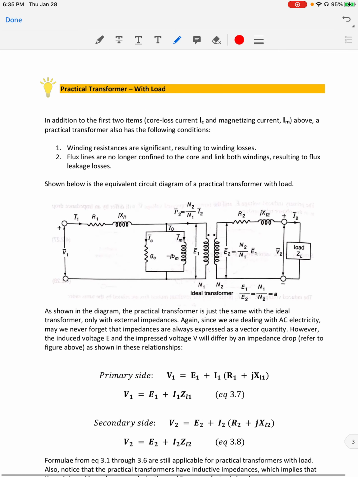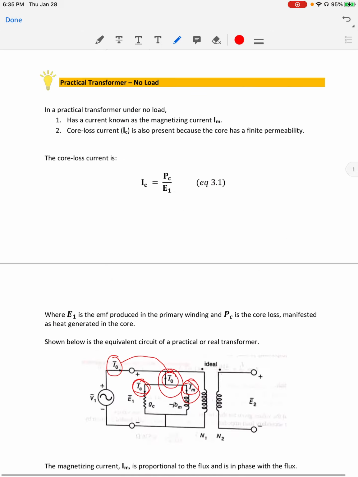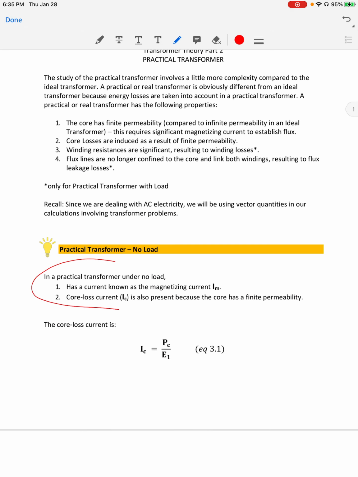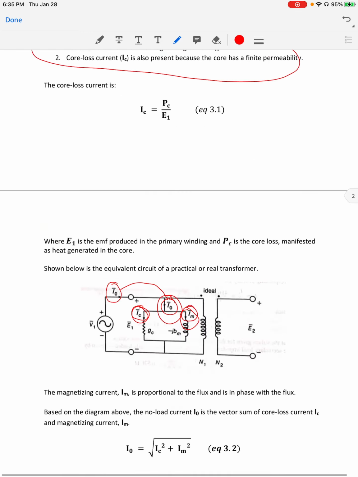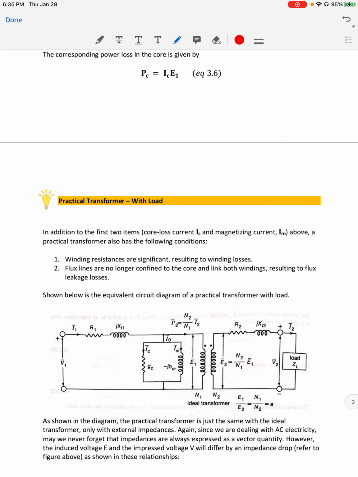Then the second condition for a practical transformer is the one which has a load in it. So in addition to the no-load conditions, we have another two conditions for the loaded practical transformer.